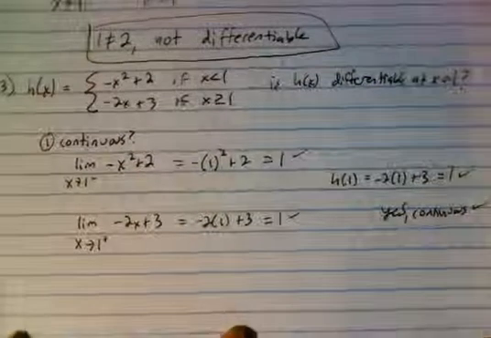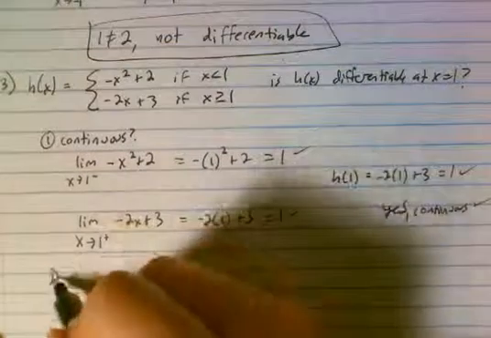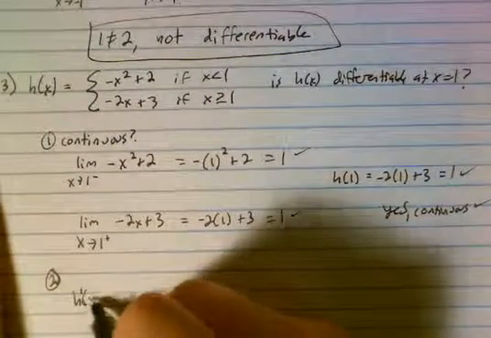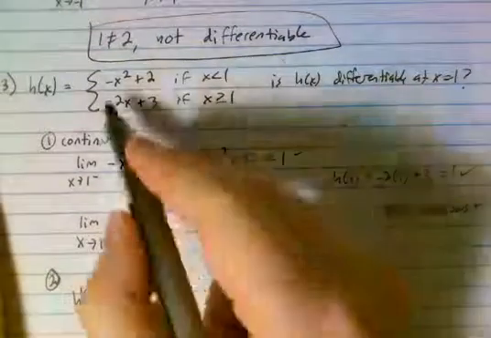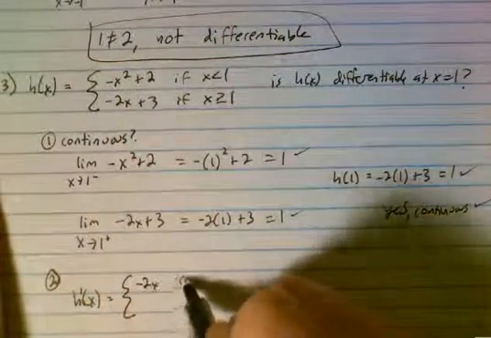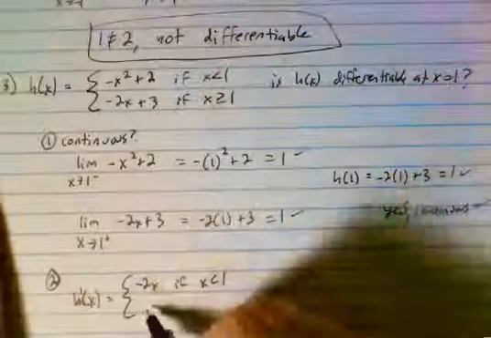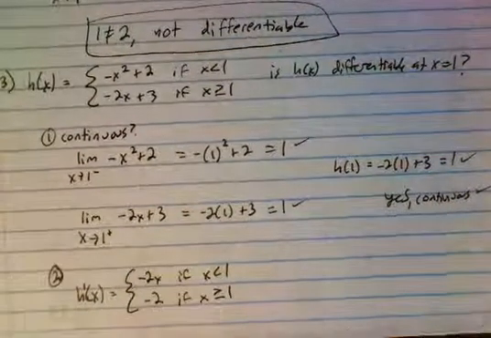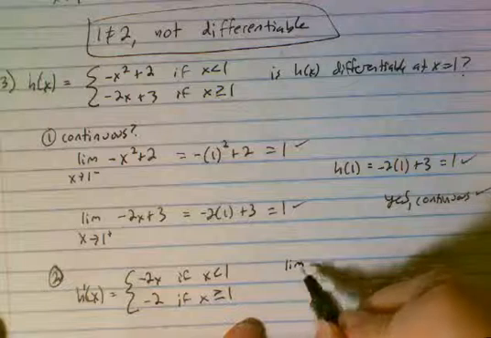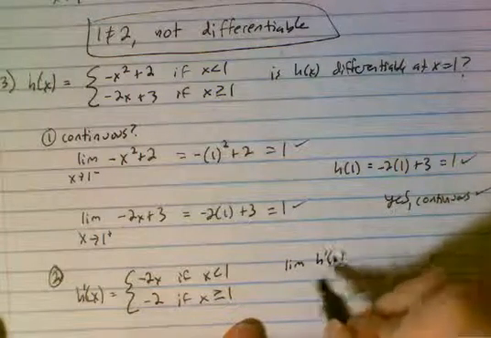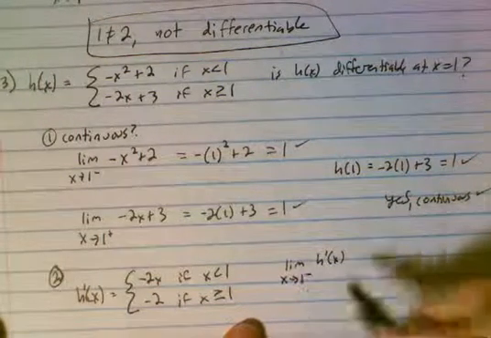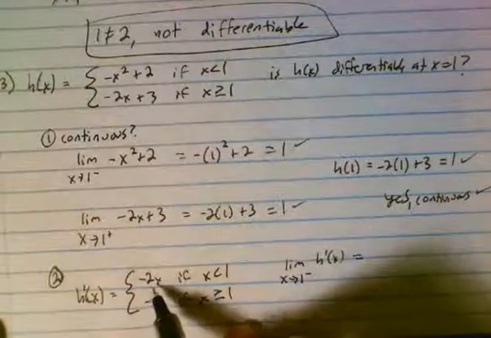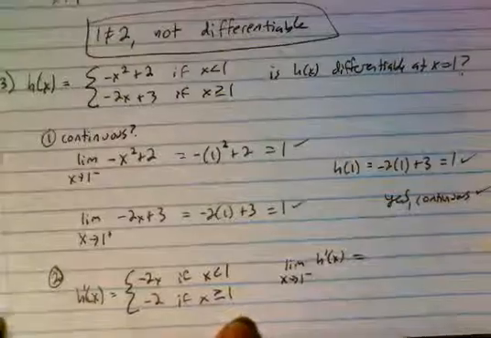So far, so good. Now we have to check with the derivative. So the derivative here is negative 2x if x is less than 1, negative 2 if x is greater than or equal to 1. And so let's check the limit of h prime of x as x approaches 1 from the left. So we can see that we're going to use the left one.